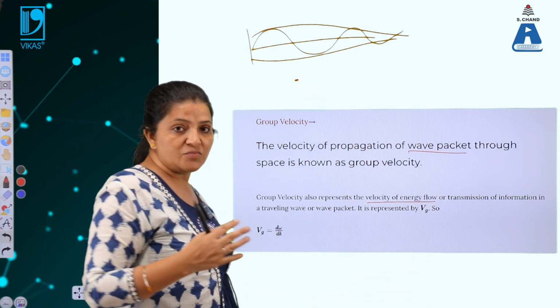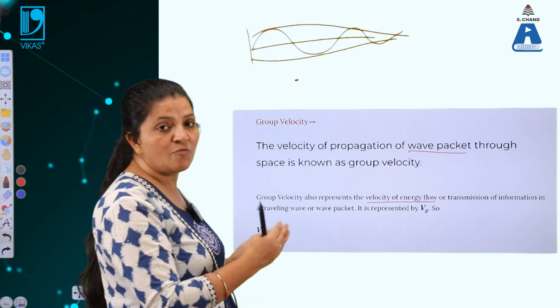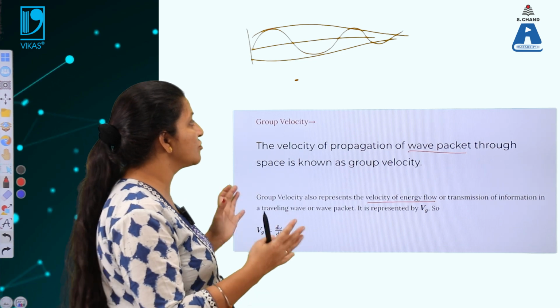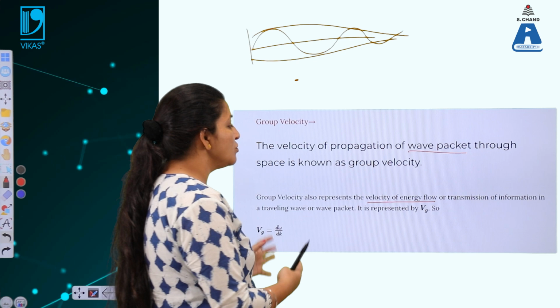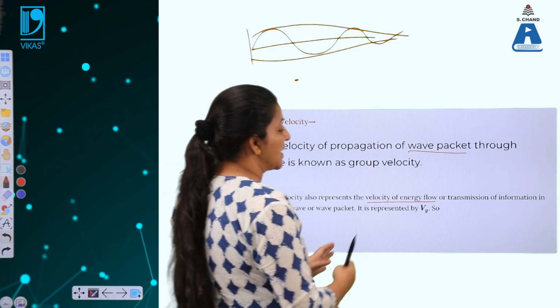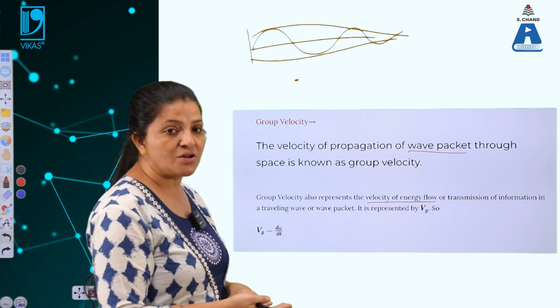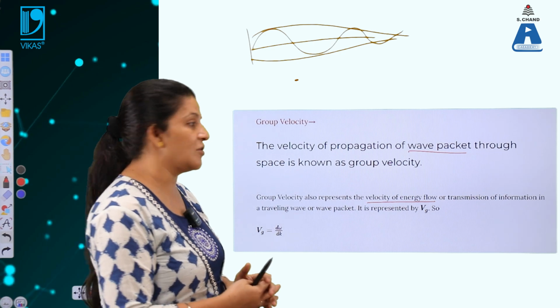We know that when a system moves, energy is transferred from one region to another region. That means a group of particles or a group of waves is traveling in the given system, and the energy of the system is transmitted from one region to another. All the particles will travel with some single velocity.